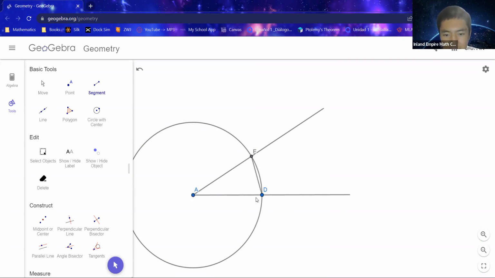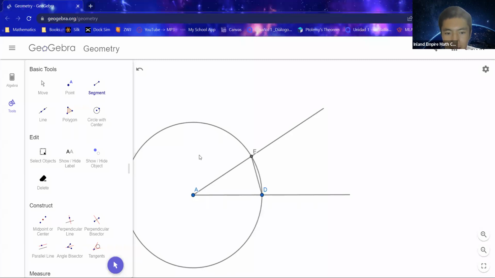Since we know this is an isosceles triangle, we know that a perpendicular bisector of ED will also be the angle bisector of angle EAD. We're gonna talk about this more in depth after this construction, but I want to start with this just to give you a bit of idea of what we're talking about. Keep in mind that we're gonna go back to the concept of angle bisectors later.